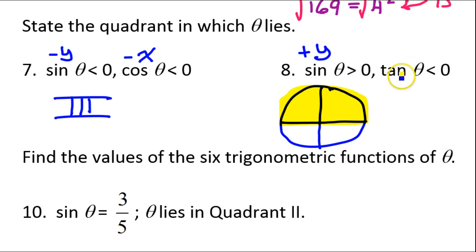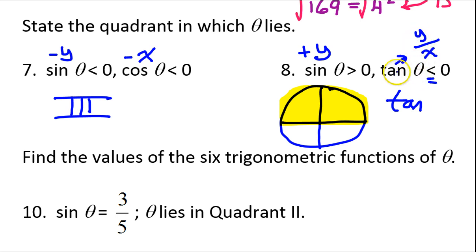But then, the tangent has to be negative. Well, remember that the tangent, maybe I'll just put it here. Tangent is sine over cosine. So that's like having y over x. So the question is, where is the tangent going to be negative, less than 0?